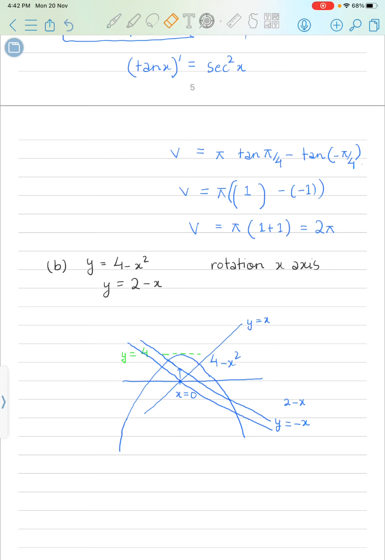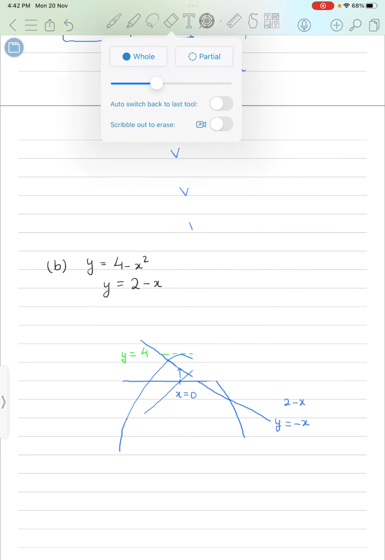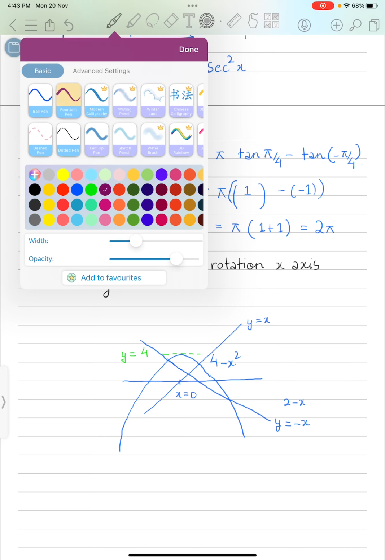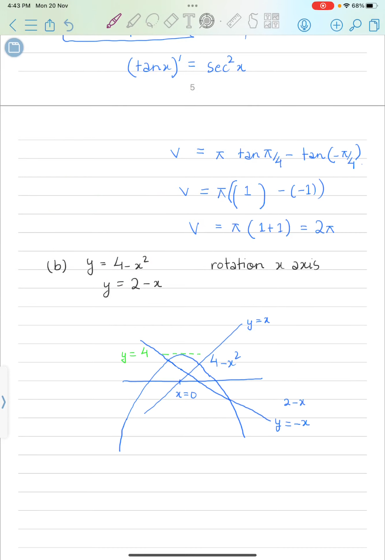My graph is not perfect, but you assume that it is a straight line. You can erase the y = x line, because we don't need its graph.